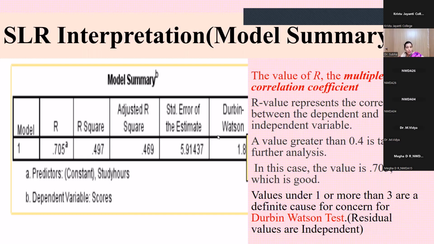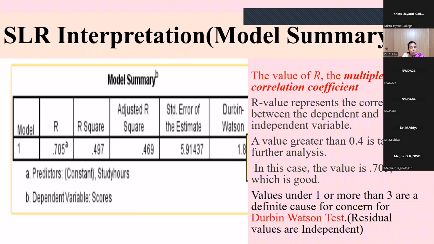And while seeing this, the Durbin-Watson value, why do we want to see the Durbin-Watson value? Because we want to see whether the residuals are independent, whether there is no autocorrelation, whether there is no correlation between the residual values. For this, you need to check the Durbin-Watson value. I already told you, it should be between 1 to 3.